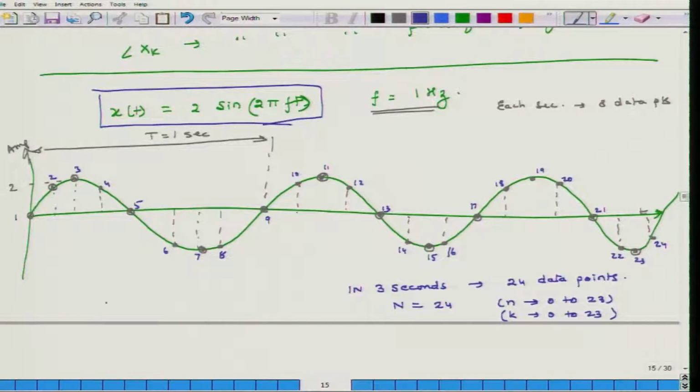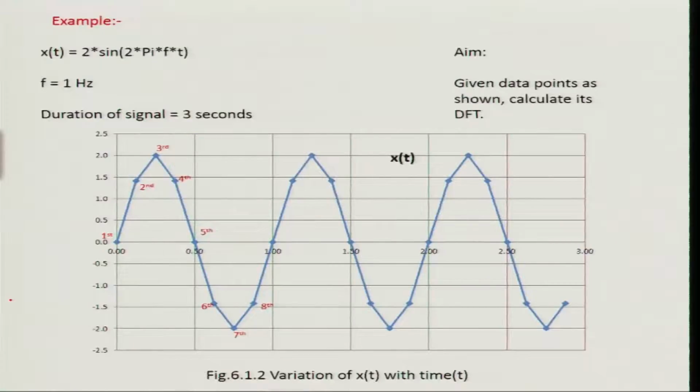Now, what I want to do is I want to use this information for 24 points, and from that information I want to figure out the Fourier components of this signal, that is its representation in the frequency domain. So, with that let us look at some of the slides.